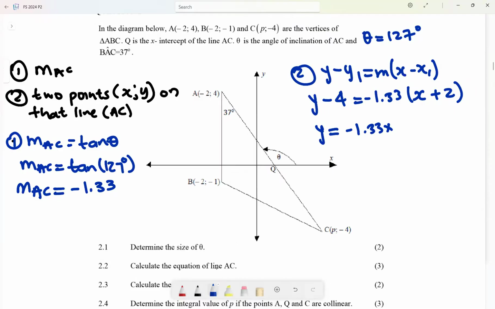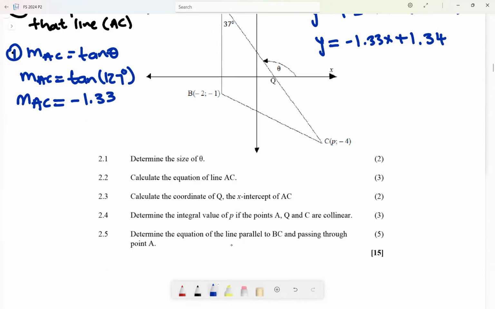This by this, it is negative 1.33 multiplied by 2. You get that answer, negative 2.66. Then you take this 4 to the other side, you add it. You get plus 1.4. Okay? Yes. Good. So yeah, this is the equation for 3 marks.